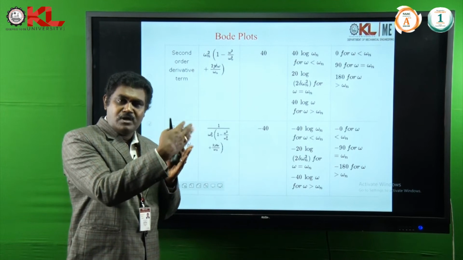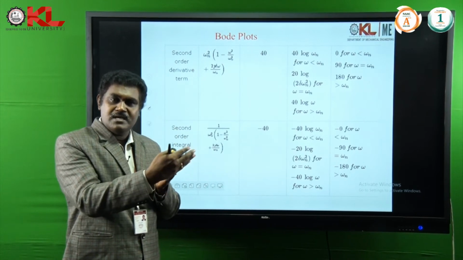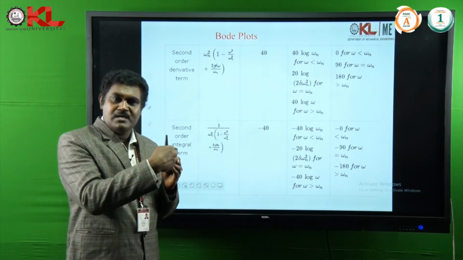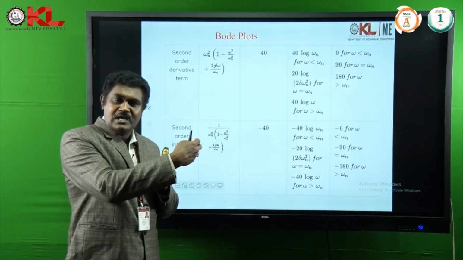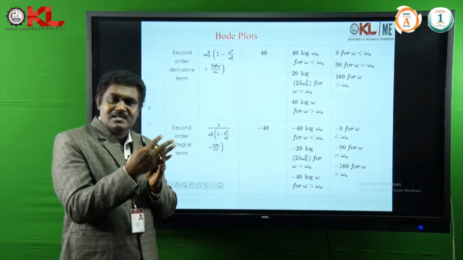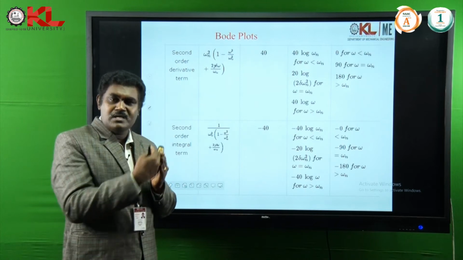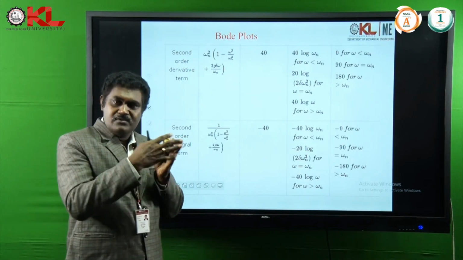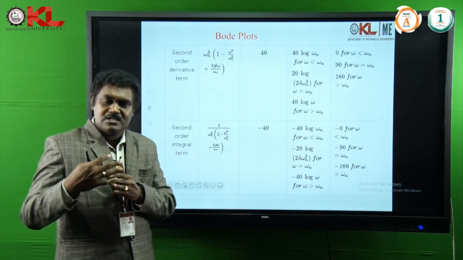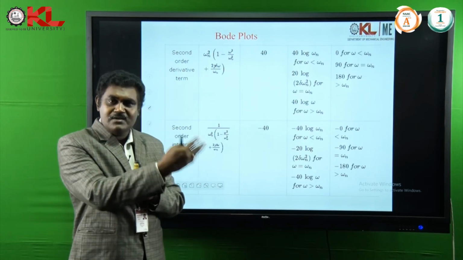Let us take omega equal to 0.1, and calculate the slope, magnitude and phase angle, then omega equal to 1, and omega equal to 10. Because we take each decade, we have to calculate the magnitude and phase angle corresponding to the frequencies in each decade.